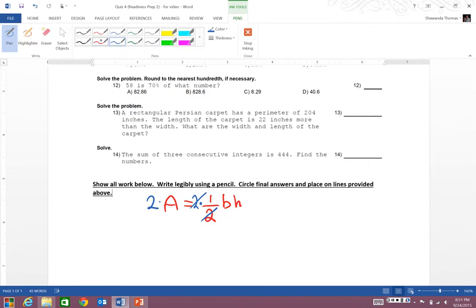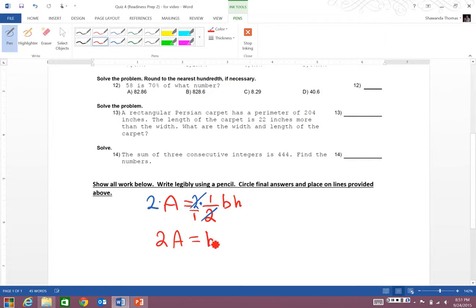Alright? Let's see what's remaining. 2 times A is 2A equals, since 2 times 1/2, and you can put a 1 under there if you needed to see that that 2 is in the numerator and that 2 is in the denominator, so that's why they cancel. A 1 is still left, but it's understood, so we don't have to write the 1.